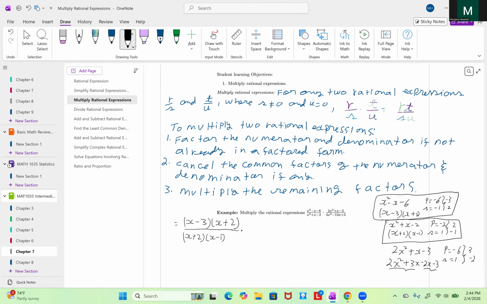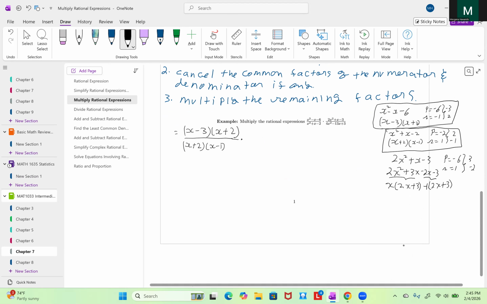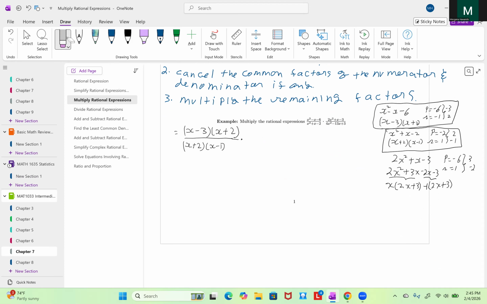For the first group, x is the greatest common factor. Factor it out. We're left with 2x plus 3. The second, the greatest common factor is -1. Factor it out. We're left with 2x plus 3. Again, we have a common factor, which is a binomial.